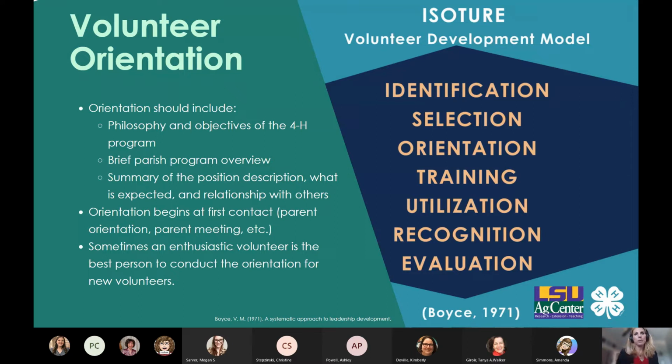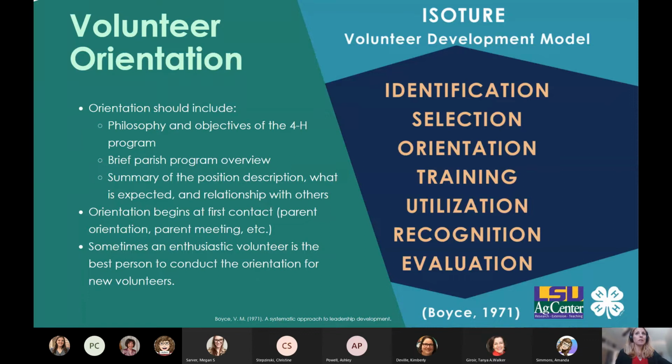Also provide them with a summary of their position description, what's being expected of them, and the relationship they're going to have with others. If you can offer your leaders an opportunity to meet other individuals within your program or through the state through that orientation, that's a very critical component that you can include as well.